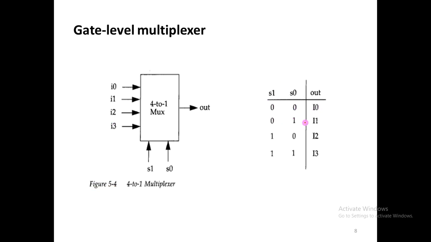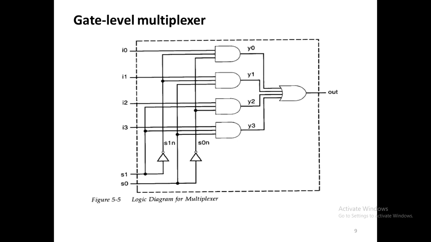For 0 0 output is I0, 0 1 output is I1, 1 0 output is I2, and 1 1 output is I3. So this we have to design by writing Verilog code using gate level modeling. That is what we will focus on now. The circuit diagram of the 4:1 mux goes like this. Just carefully observe. We have 4 inputs, 2 select lines and 1 output, encircled with a dotted rectangular line.